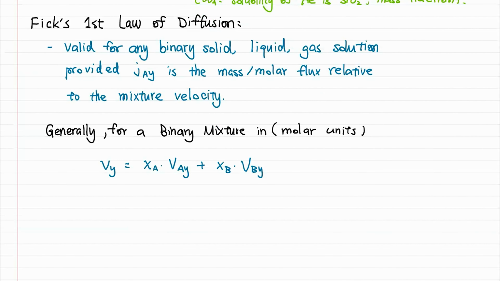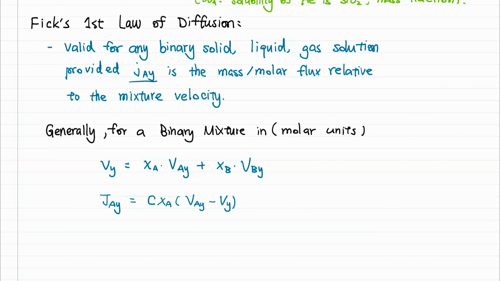Okay? And so based on the definition above, this symbol here, the lowercase j, is the diffusion flux. The diffusional flux j_A is equal to the overall concentration times the molar fraction of that species times (v_A minus v).